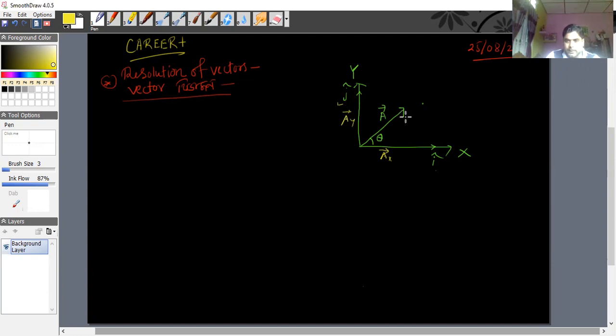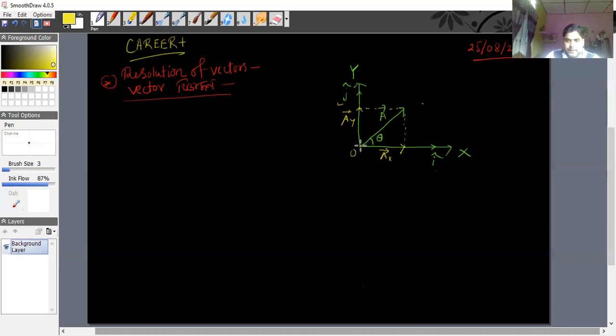So here we drew a perpendicular. From O to that point, this is AX. And again, drawing a perpendicular on the y-axis, from O, the origin of the coordinate system, to that point, this is AY.